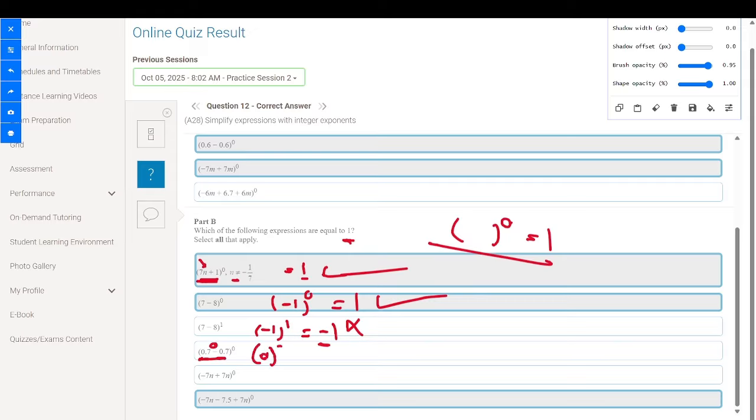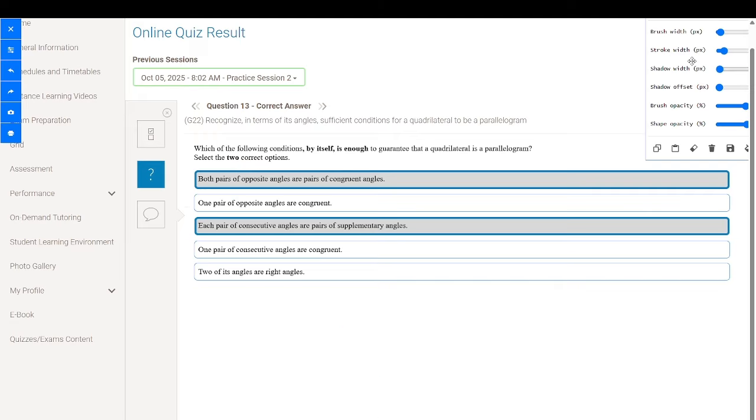So 0 power of 0 is not defined, which is wrong. Now 7 minus 7n plus 7n also will be 0. So 0 power of 0 is not defined. This one, minus 7n plus 7n will be 0. So the remaining will be minus 7.5 power of 0. It will be equal to 1, which is the right answer.